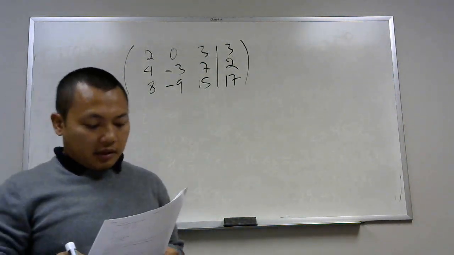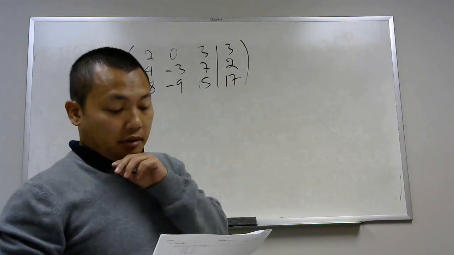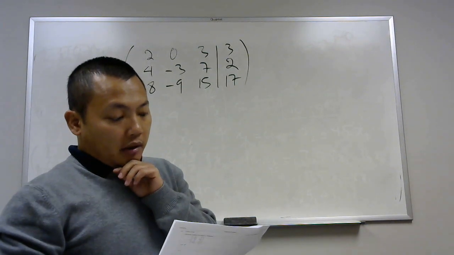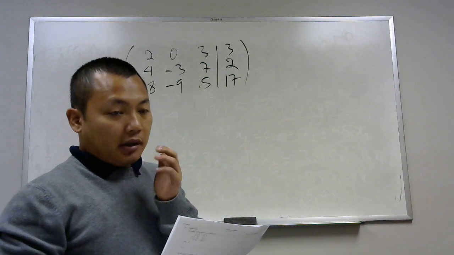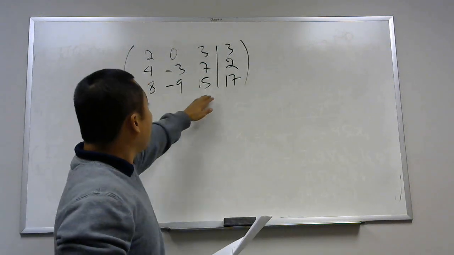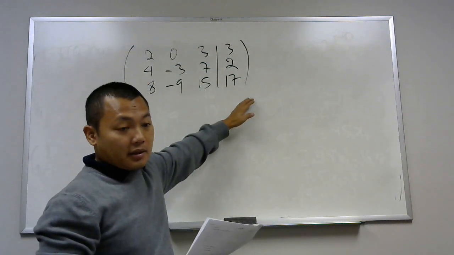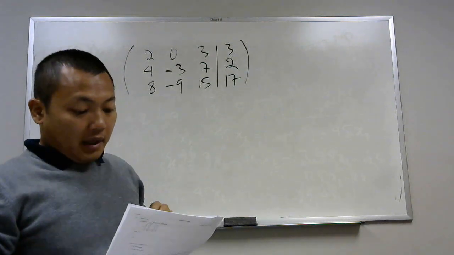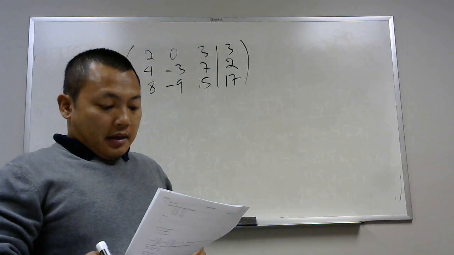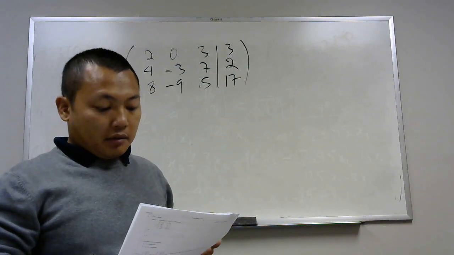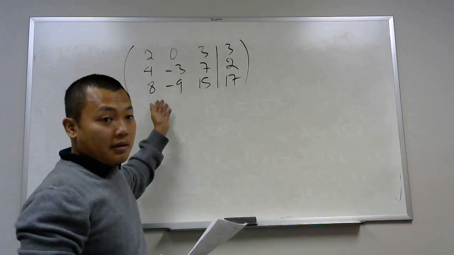So if you remember the first reflection journal, you were asked about the condition between the rank of coefficient matrix and the rank of the augmented matrix. And that condition would imply how many solutions the system has, right?